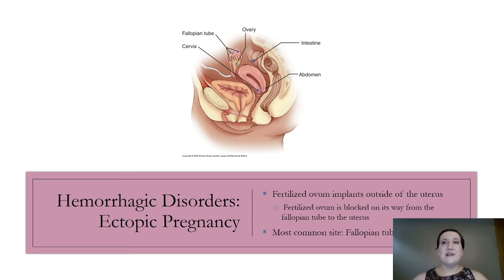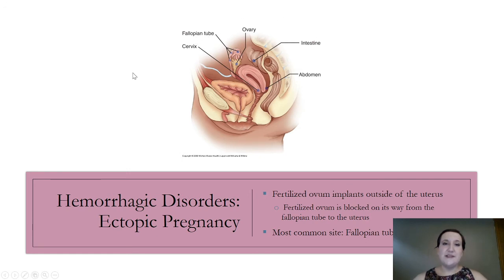Women who have an ectopic pregnancy are less likely to have a successful vaginal delivery, a lot of times because of the scar tissue that develops. But let's talk about this a little bit. So an ectopic pregnancy is when a fertilized ovum implants outside of the uterus.